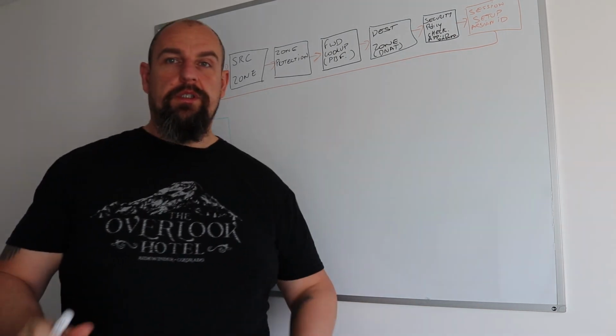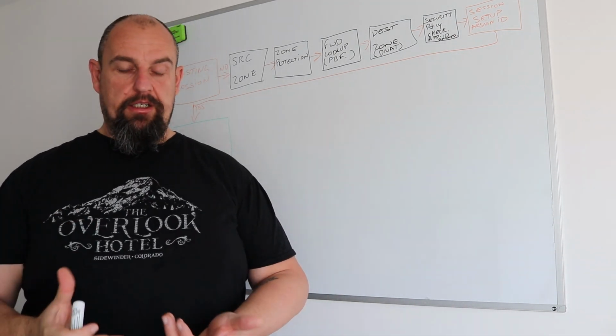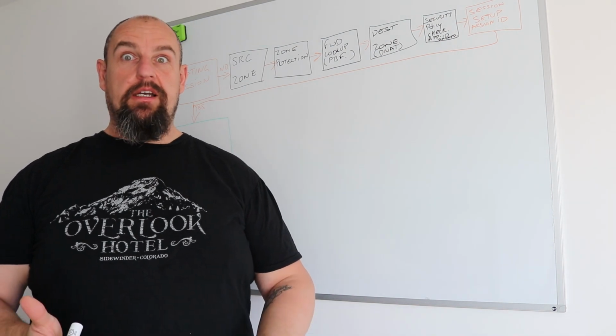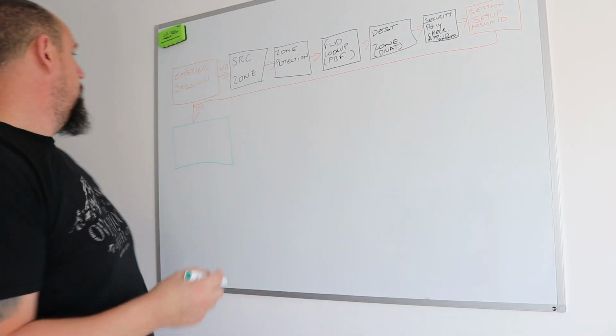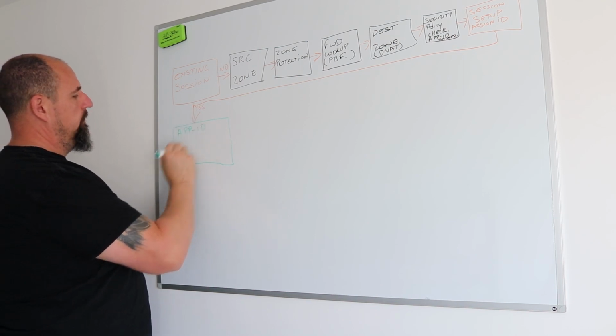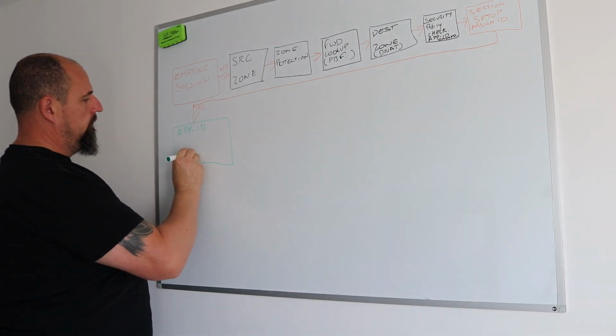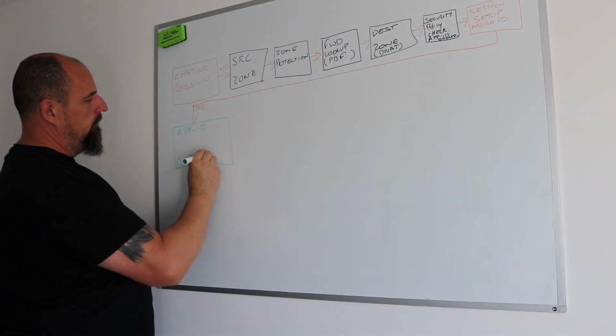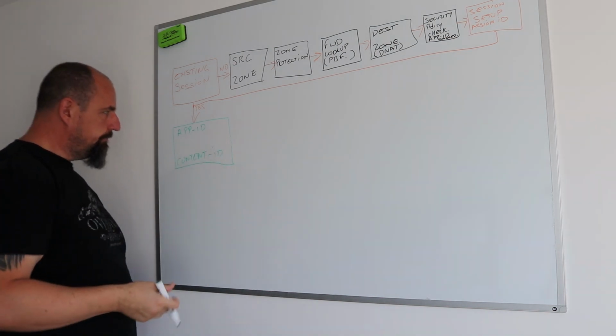Because all is well, we know that we're going to look at our application ID and our content ID to check and make sure that we're okay with it. So it's going to get inspected.